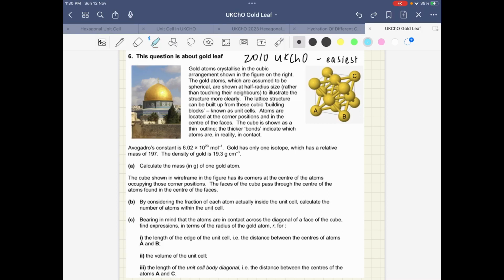Today we'll be looking at one of the UK Chemistry Olympiad unit cell questions, which is from the 2010 paper.